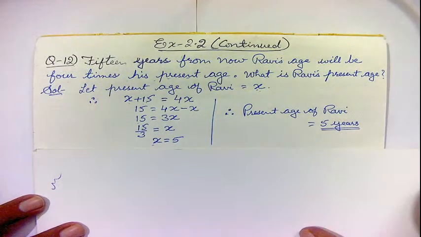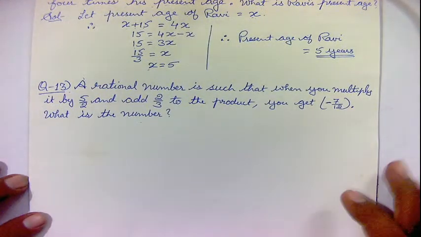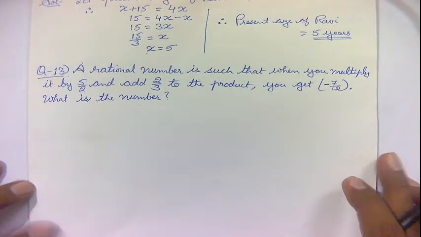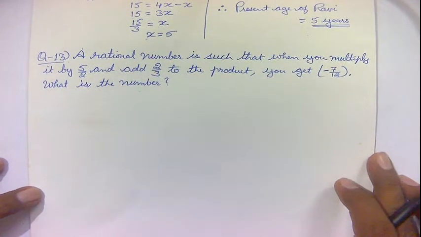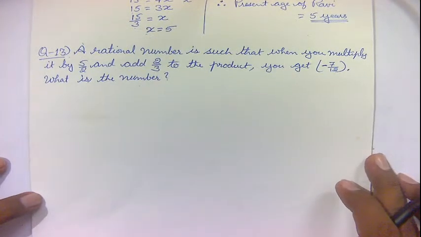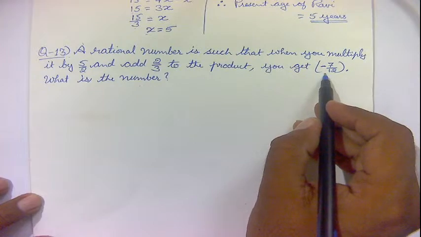Now let us move towards the next question, that is question number 13. Now question 13 says a rational number is such that when you multiply it by 5 upon 2 and add 2 upon 3 to the product, you get minus 7 upon 12.